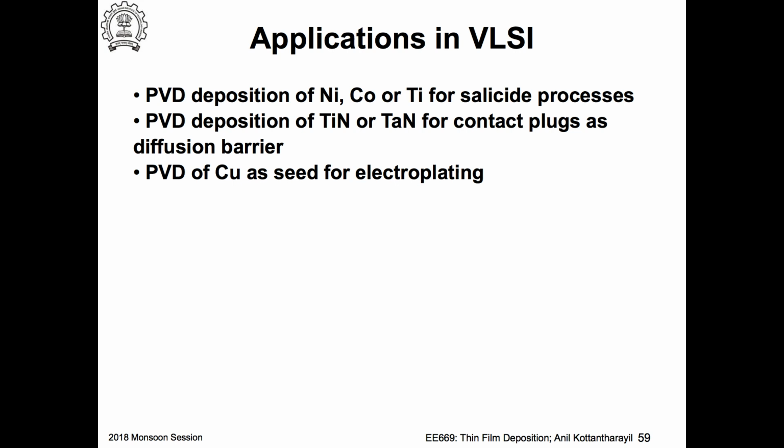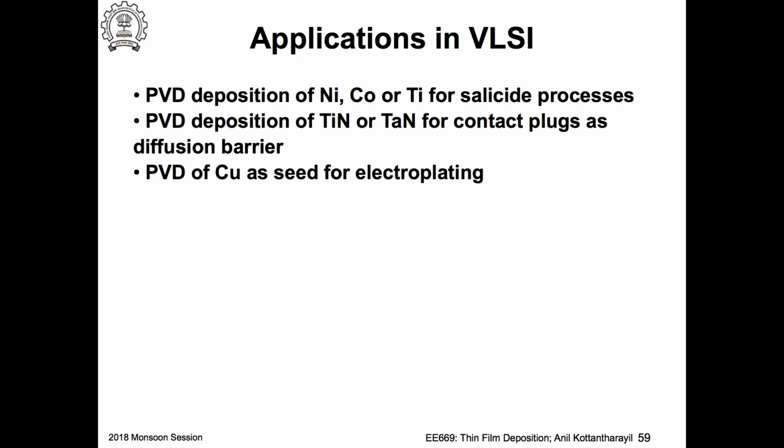And copper is used as interconnect in VLSI chips because of the small resistivity. But you need to grow a thick copper film. So what people usually do is do this by electroplating.